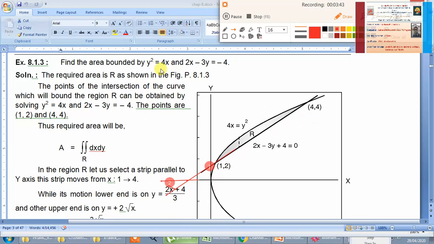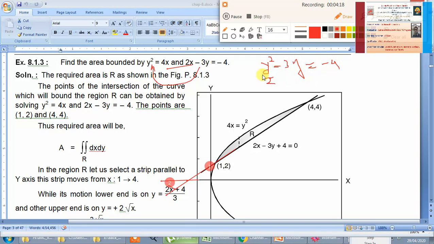So put x equal to y square by 4 here. We get y square by 2 minus 3y equal to minus 4.